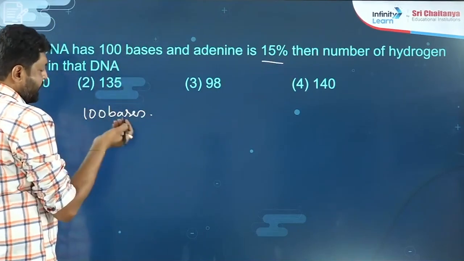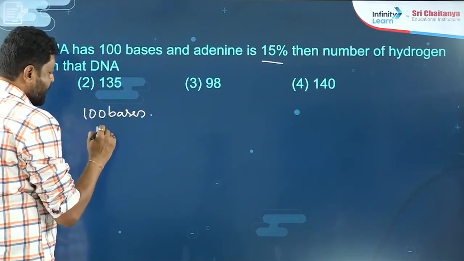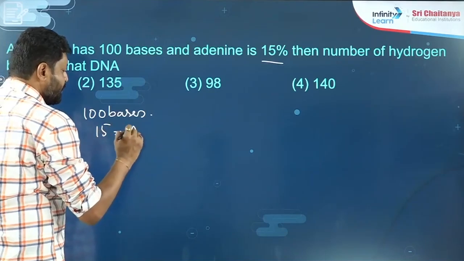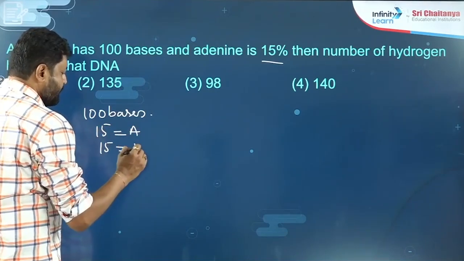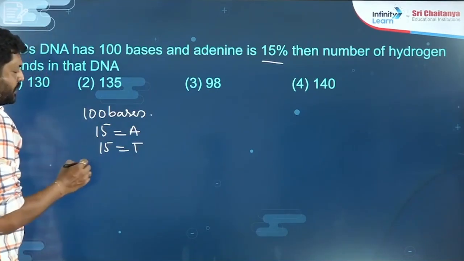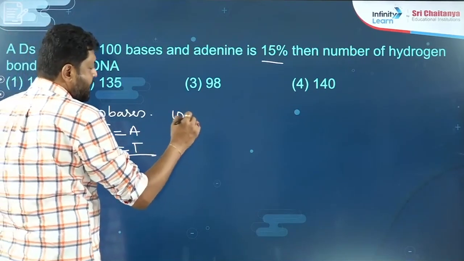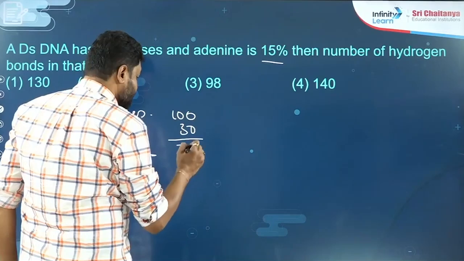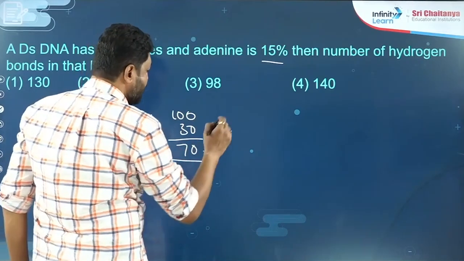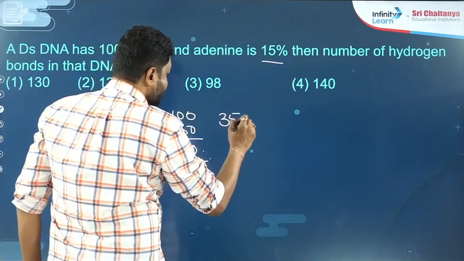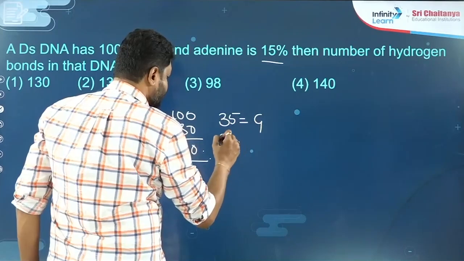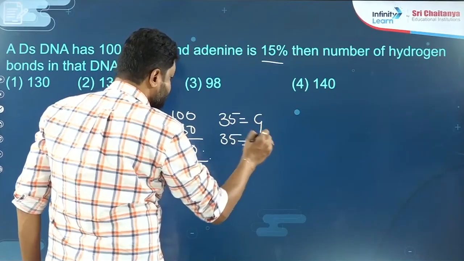Out of 100%, 15 is adenine, and 15 will be thymine. So 15 plus 15 is 30. 100 minus 30 is equal to 70. So out of 70, 35 is guanine and 35 is cytosine.